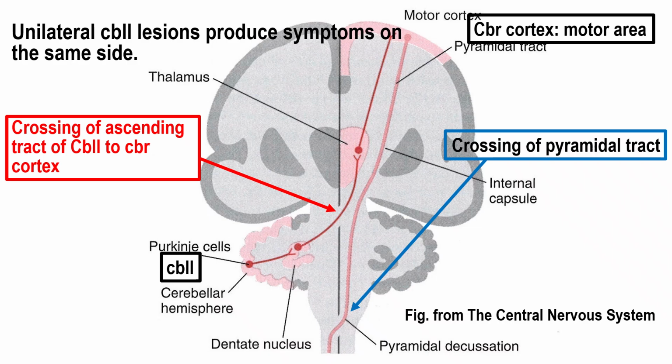Therefore, the cerebellar hemisphere exerts its influence on the body half of the same side. Symptoms of unilateral cerebellar lesions are ipsilateral to the lesions, that is, symptoms appear in the limbs on the same side as the lesions.